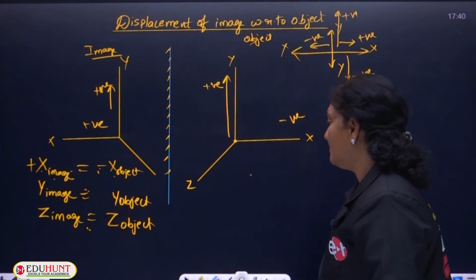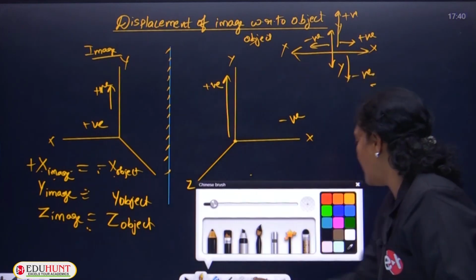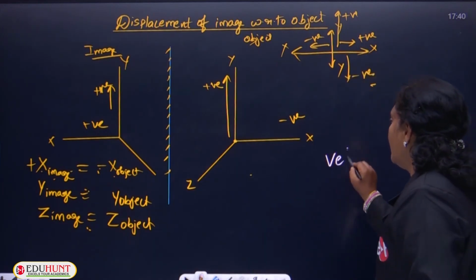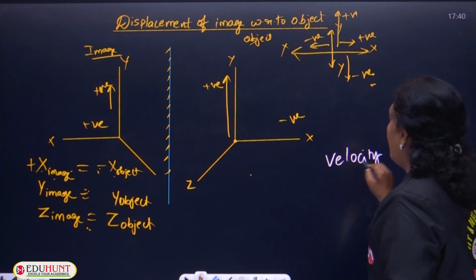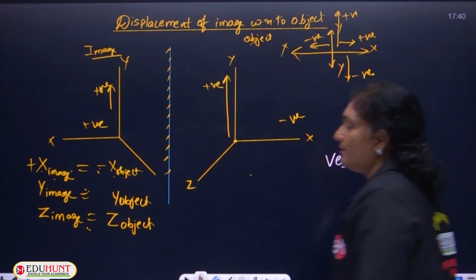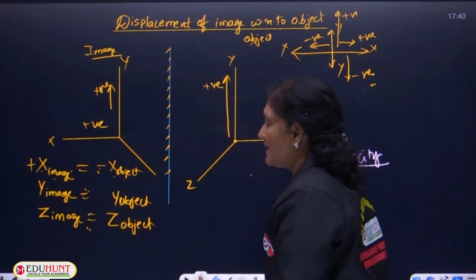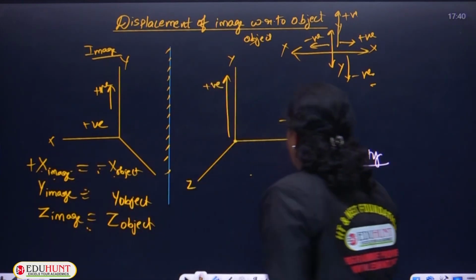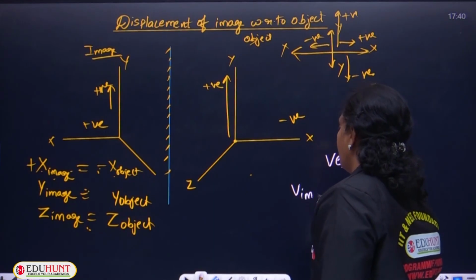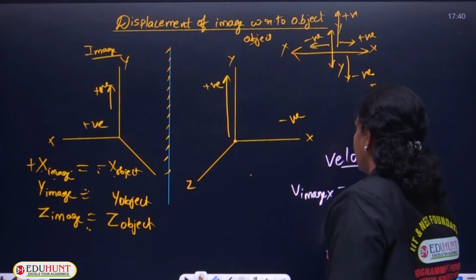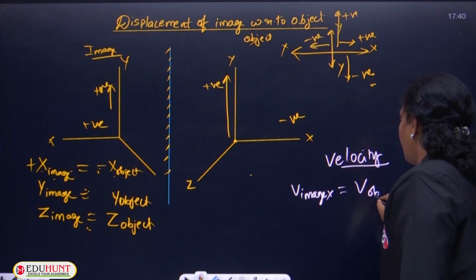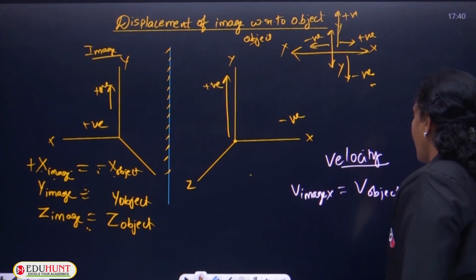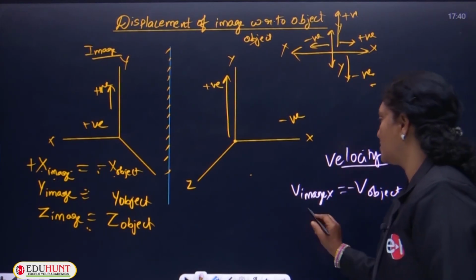Similarly, to understand the velocity of the image with respect to the object, we take the derivative with respect to time. The derivative dx by dt indicates that the image velocity along the x-axis equals the object velocity along the x-axis but in the opposite direction.